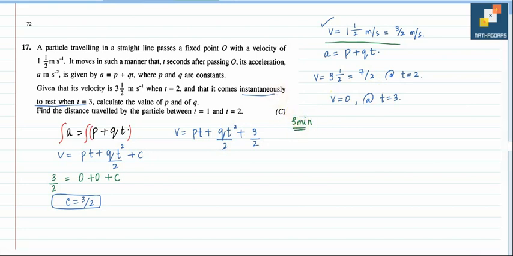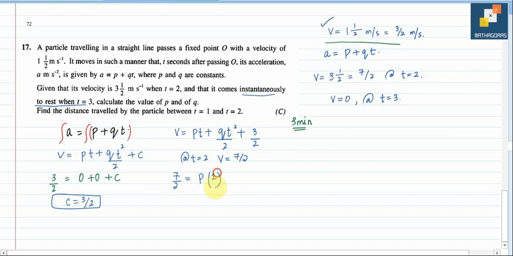So start. For the first condition, at t equals 2 velocity is 7/2. So I am going to place the values here. Velocity is 7/2, t is 2, plus q t square, which is 4 divided by 2, plus 3 divided by 2. So you will get 2p plus 2q plus 3 divided by 2 equals 7 divided by 2.